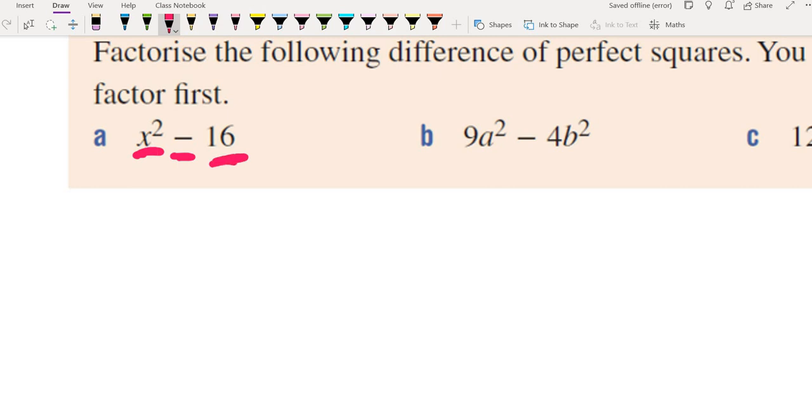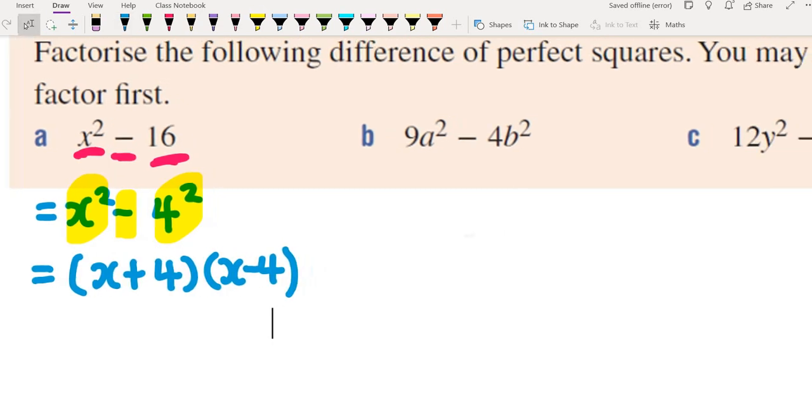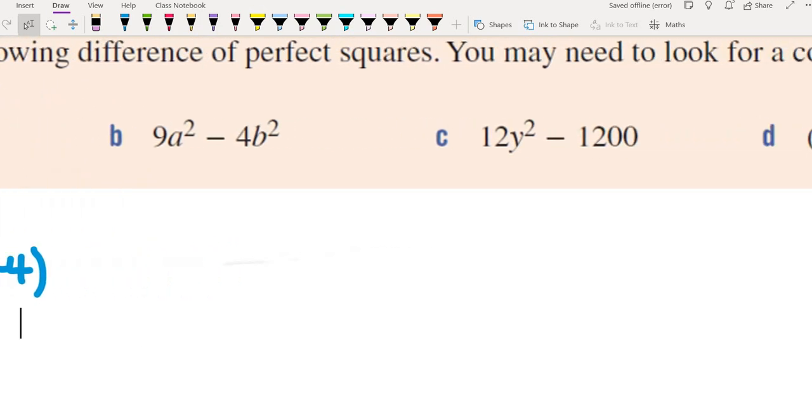However, 16 isn't squared, so we can turn 16 into something squared, and as you know, 4 squared also gives you 16. Now, because we have put it in this format where one is squared minus another squared number, we know when we factorize this, it's going to give us this. So (x + 4)(x - 4). So this is just a shortcut of factorizing when we have difference of perfect squares.